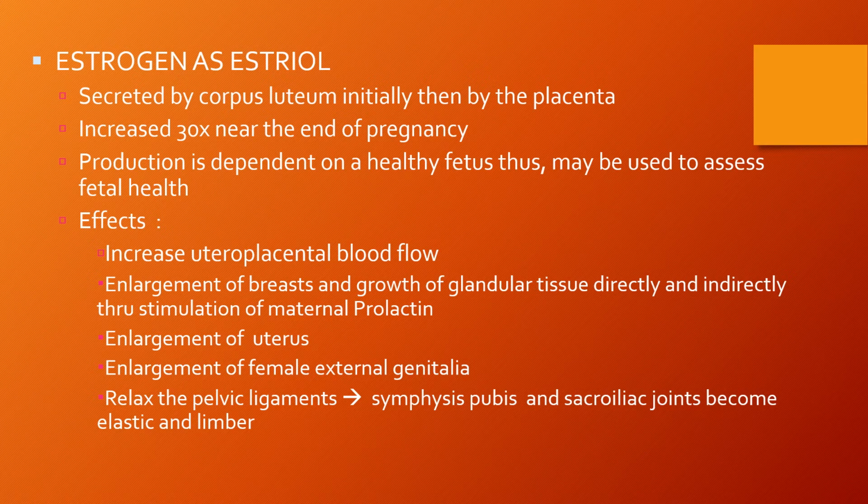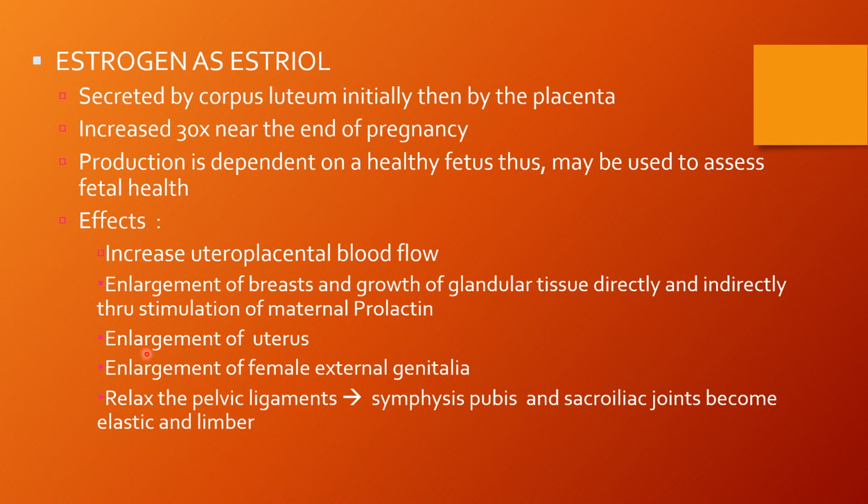Now, the estrogen as estriol is secreted by your corpus luteum initially, then by the placenta. It increases around 30 times near the end of pregnancy, and the production is dependent on the health of the fetus and may be used to assess fetal health. So the effect of estrogen as estriol is to increase uteroplacental blood flow.